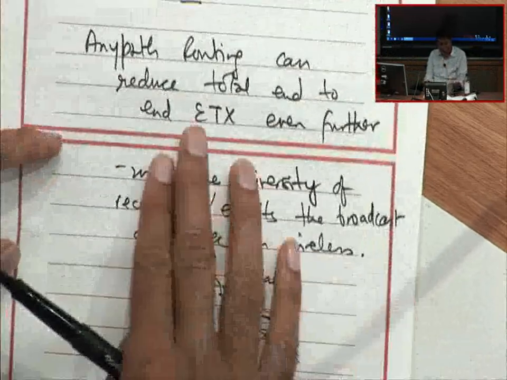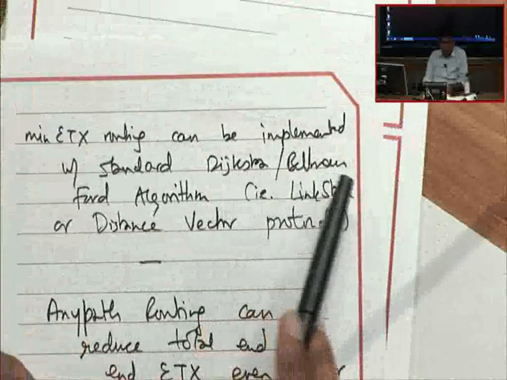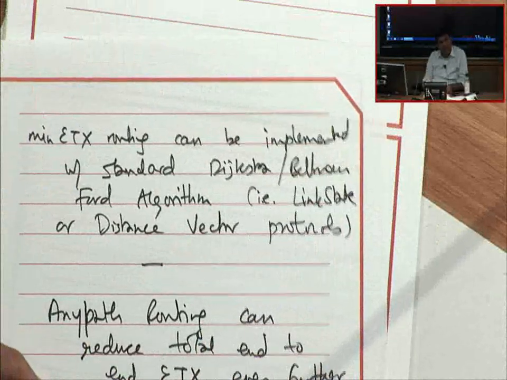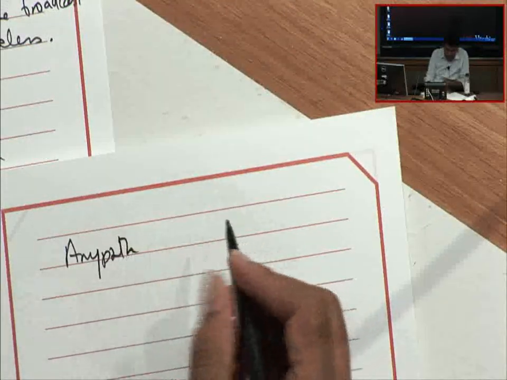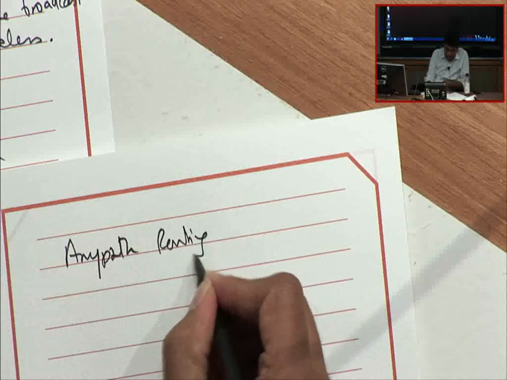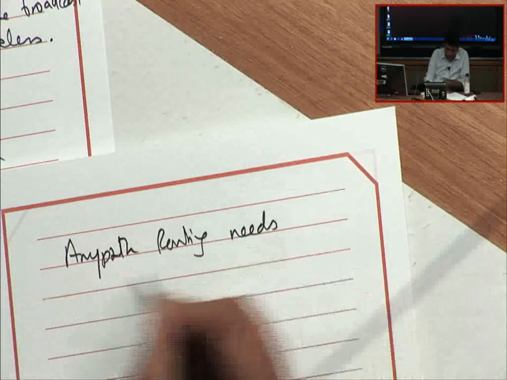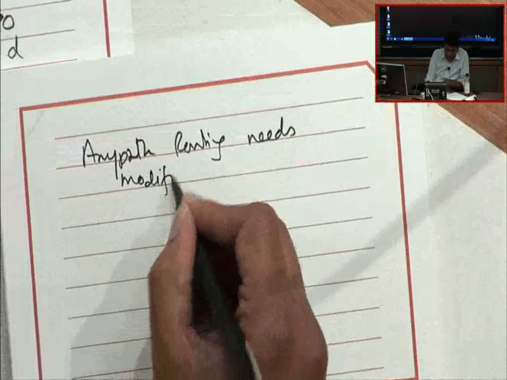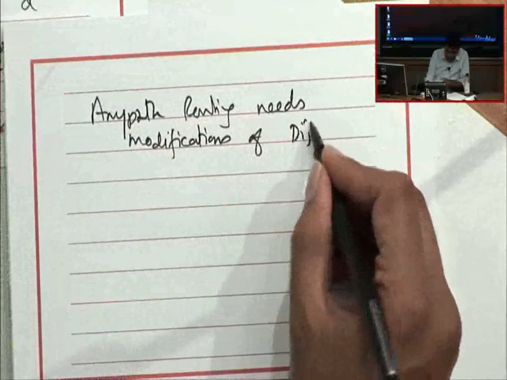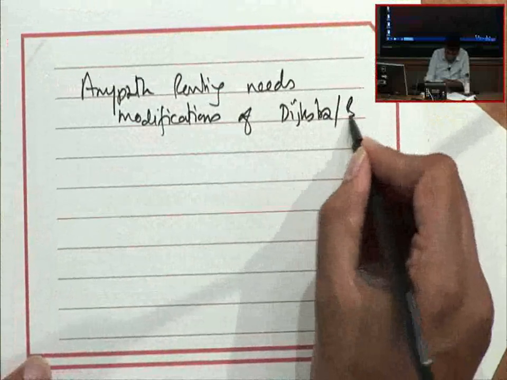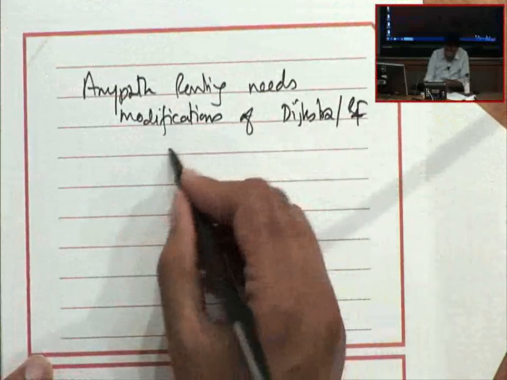In order to implement any path routing, we cannot use Dijkstra-Bellman-Ford as is. We actually have to modify it, and that's what we discussed last time, that any path routing needs modifications of Dijkstra or Bellman-Ford, in fact, to work.